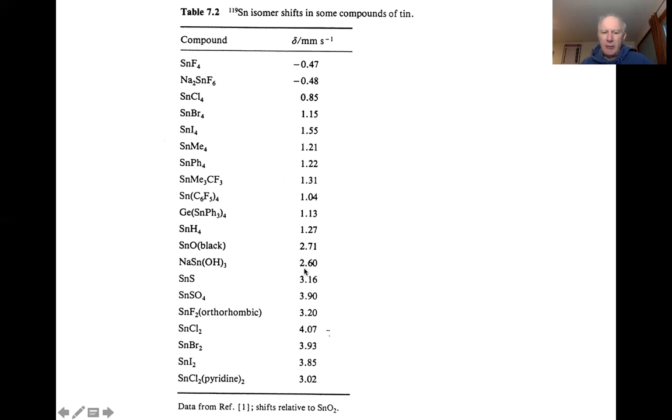Right, so you can maybe get the idea of a range of things. And there are some patterns, and if you were into this kind of thing, you could interpret and identify compounds or guess at what ligands would be attached to the tin.